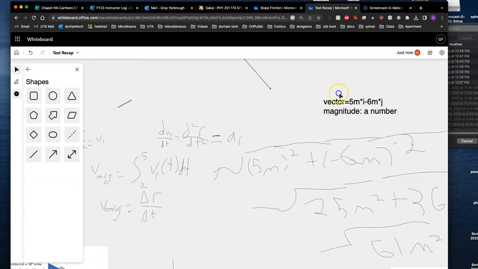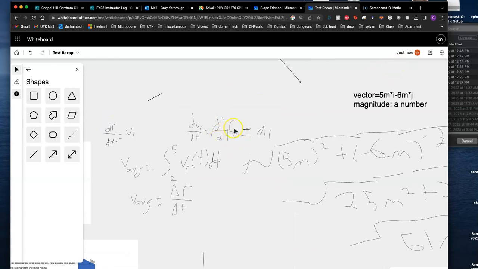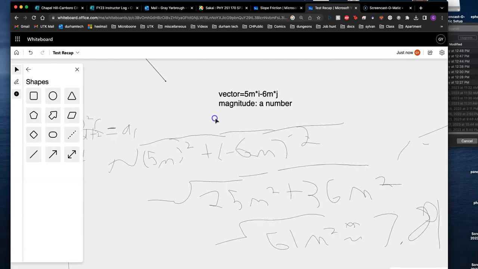So some of the questions ask for a vector, and I think most of you did those fine. But then the last one asks for a magnitude, and you'll be able to find a vector following these procedures, which I think most of you did pretty well on, but come to me with questions. But then you need to turn that vector into a number, a value. In this case, it would be a value in meters. For acceleration, it would be a value in meters per second squared.